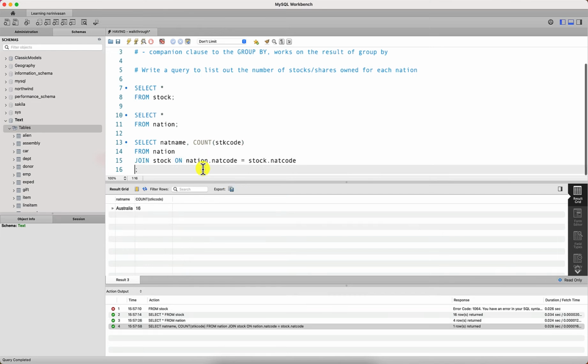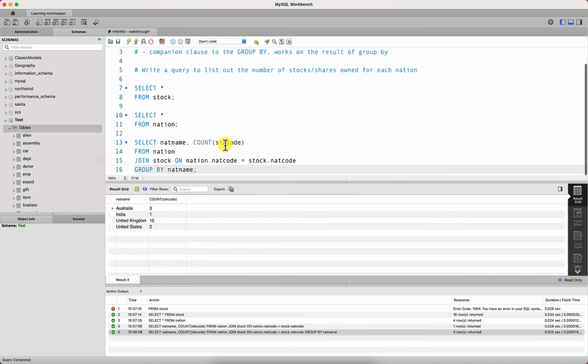Now, this query is incomplete. I need to add a group by clause, and I shall say group by nat name, and I get the following result. I see Australia has 3 stocks, India has 1 stock, UK has 10, and the United States has 2.